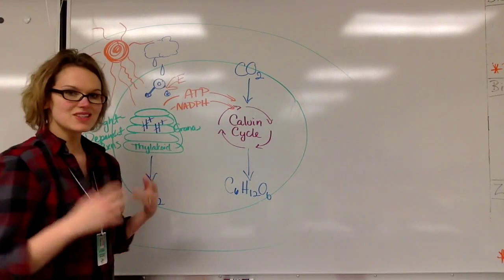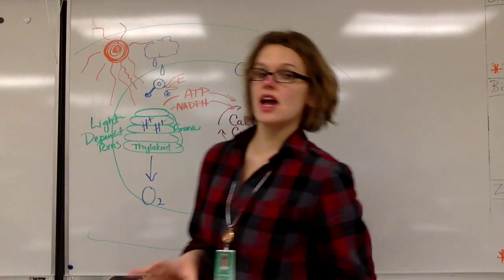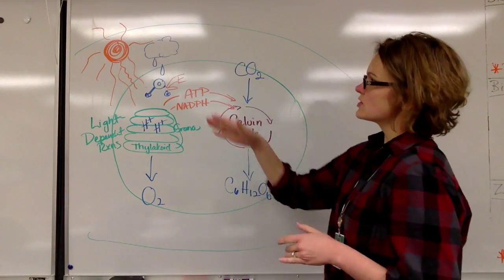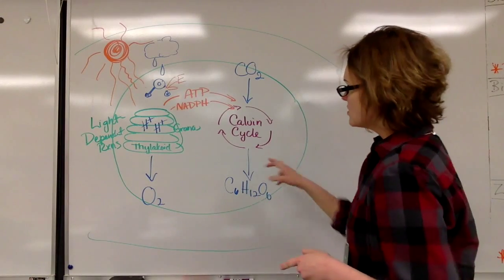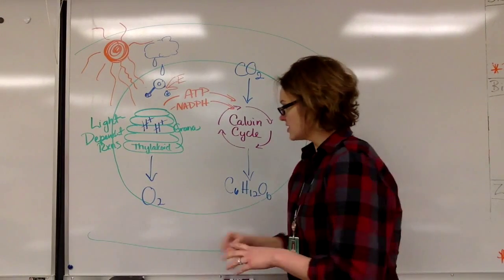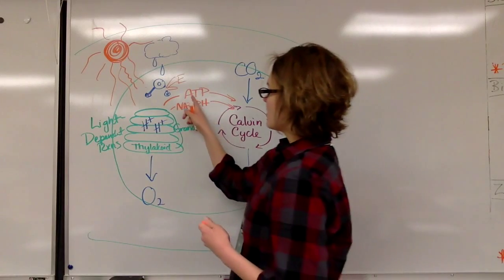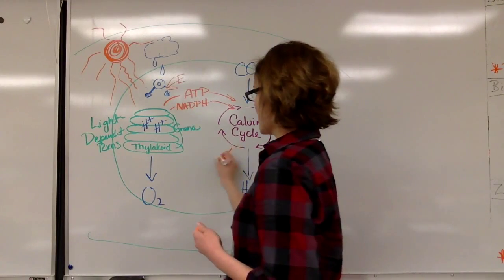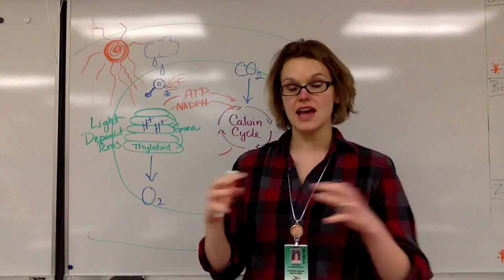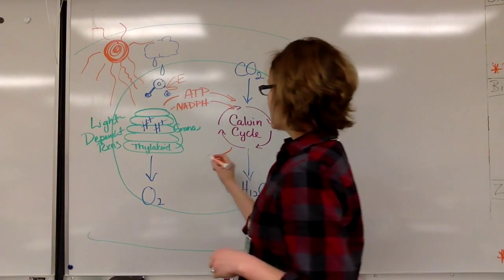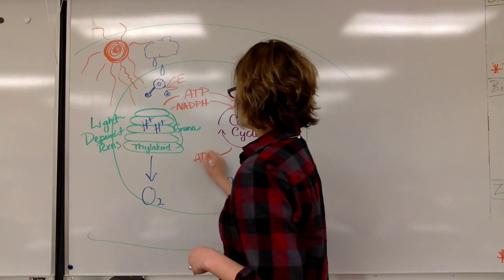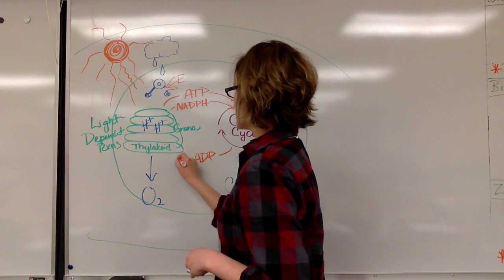Okay, so this is just the real generic, really general process. You can see that this is a big cycle, because after this, we have to continue this. We have de-energized forms of these. After the ATP has been split, the energy has been used here in the Calvin cycle to put this together. And so now we're going to have ADP, which is the de-energized form.